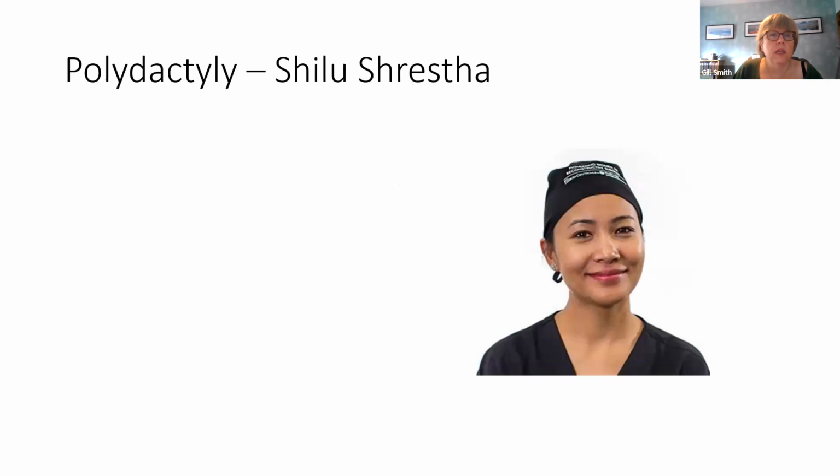So we're going to move on now, because we've got Shilu, who, despite illness and other factors that have made it very difficult for her, has turned up and has brilliantly got some excellent cases of polydactyly to discuss with us. So we should have good things to talk about there. Shilu, if you could share screen and present, please.